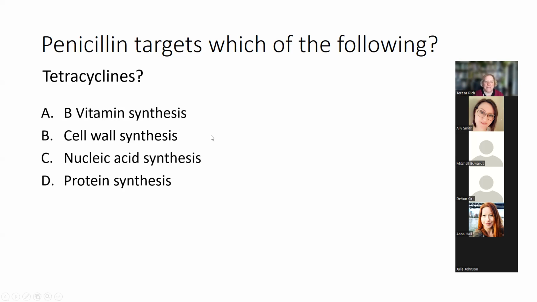Okay, one more. Sulfa drugs. What do they target? Okay, coming up on 100%.